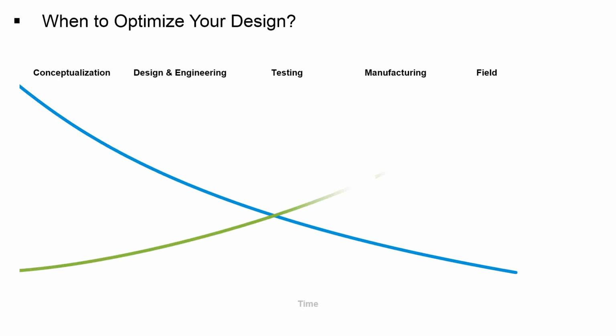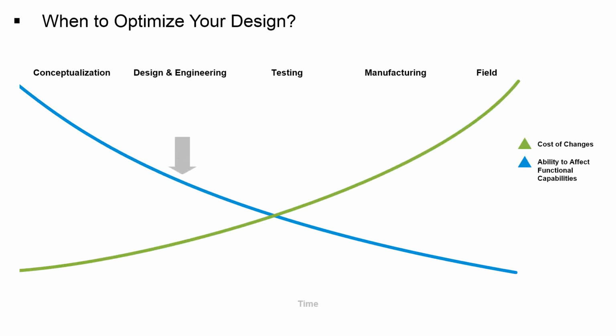Another way of looking at it is the classic chart of cost versus how much effect you can actually have on the design. And I would almost want to push that gray arrow a little farther to the left if possible. Have it bridge that gap between conceptualization and design engineering, or all the way into conceptualization, where you're taking a concept and seeing whether it has a chance of working or not.